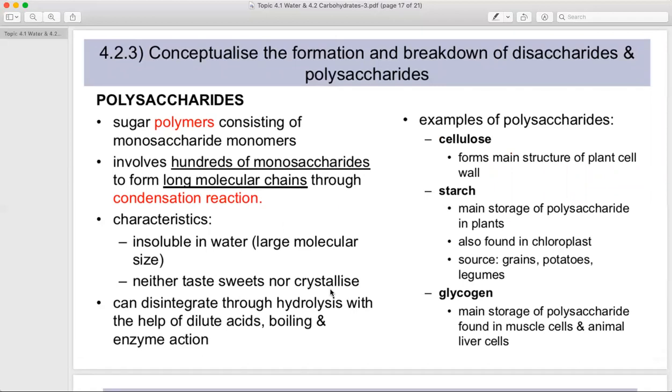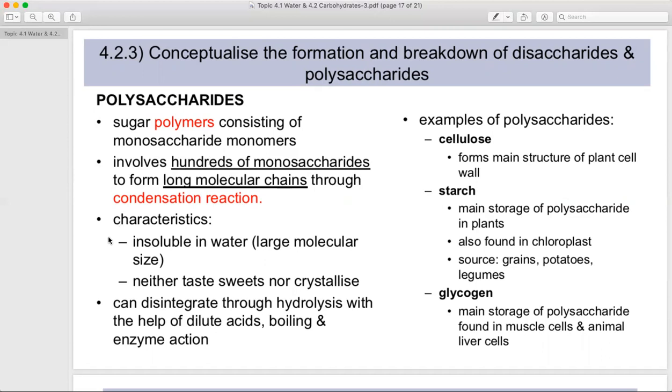Conceptualize the formation and breakdown of disaccharide and polysaccharide. So sekarang kita tengok pula apa perkaitan antara disaccharide dengan polysaccharide. So poly means many, polymer. So sugar polymer consists of many monosaccharide monomers involve hundreds of monosaccharide to form a long molecular chains through satu proses yang sama macam tadi, namanya adalah condensation reaction.